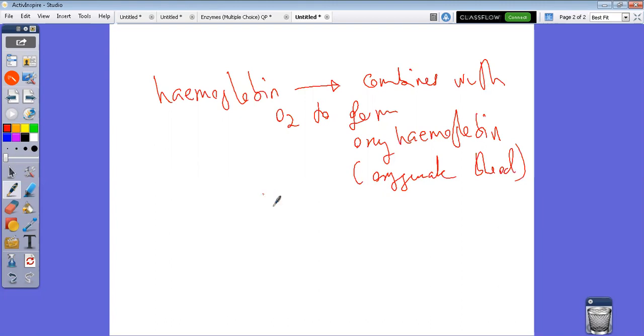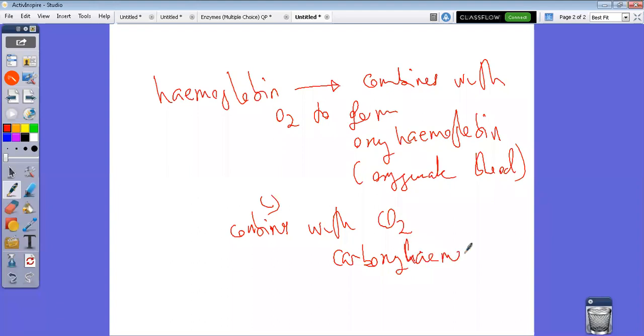Clear? It also combines with carbon dioxide to form carboxyhemoglobin. In biology, we call that deoxygenated blood. Clear? But deoxygenated blood is actually carboxyhemoglobin.